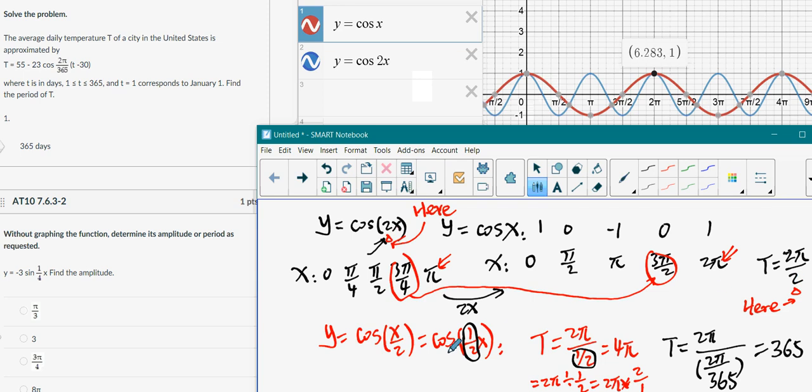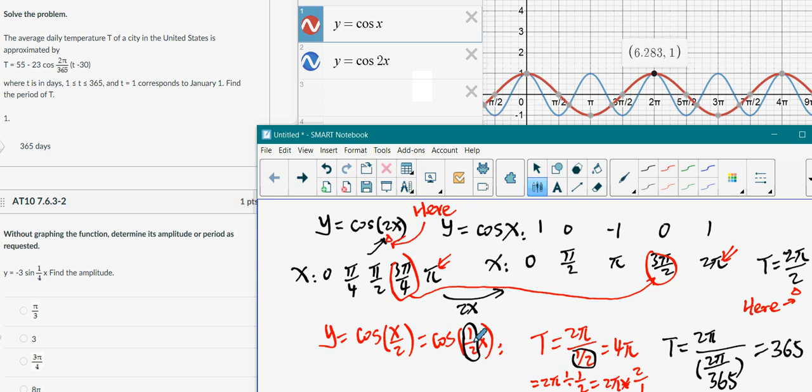Then a natural question is: what if the 2 is in the denominator, so it's 1/2 times x? Previously you multiplied by 2, which is greater than 1, so you reach 2 pi faster.